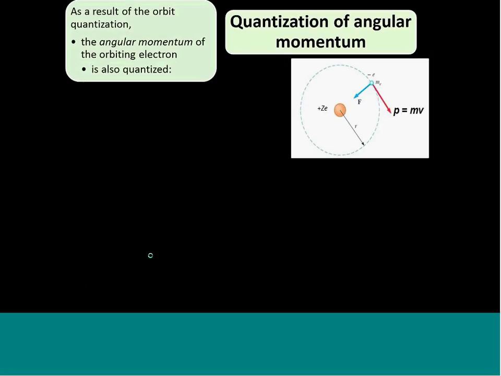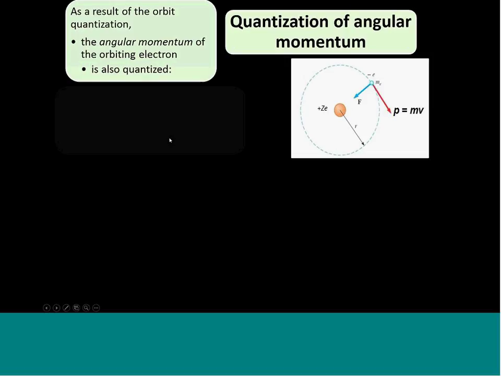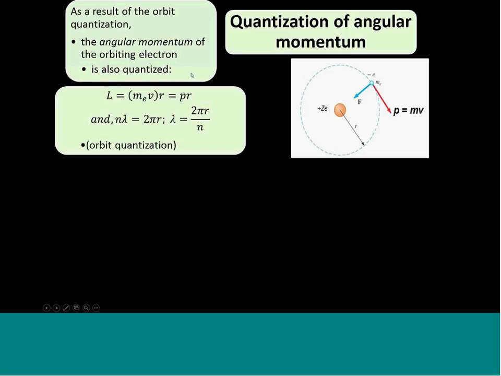Okay, all the orbit quantizations, the angular momentum kita labelkan sebagai L besar, of orbiting electron. So quantized kepada L equal to m of the electron dengan v, dia punya speed, dan dengan r, dia punya radius.